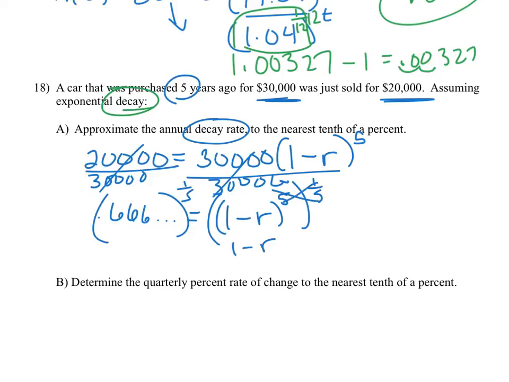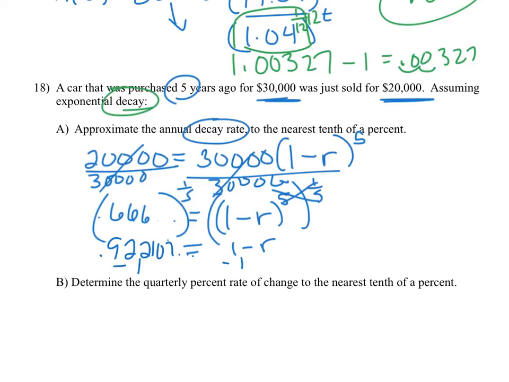So it's 1 minus r equals 0.6 repeating, and that is wrong. I didn't raise it to the power yet, so it is, hold on. Okay, so the answer sheet is slightly wrong. I forgot to raise to the 1/5 power, but it should be 0.92210, blah, blah, blah.